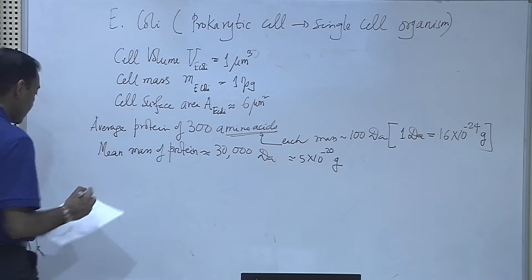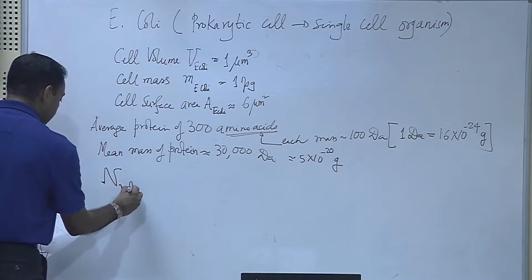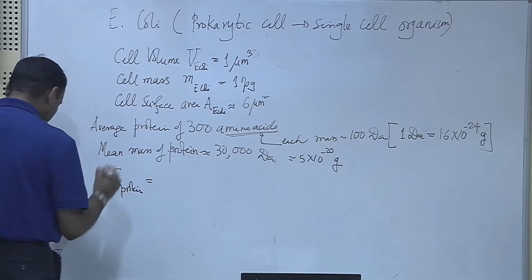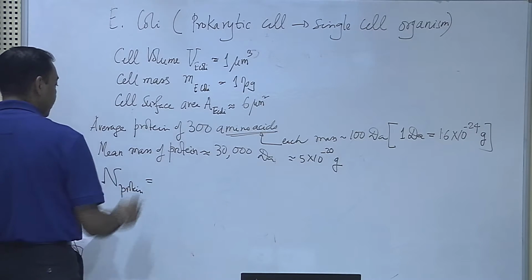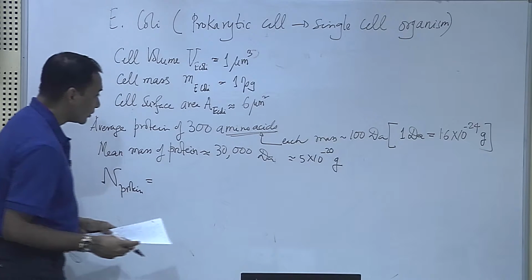So, then I can say the number of proteins in an E. coli cell will be the total mass of the protein over the mass per protein.